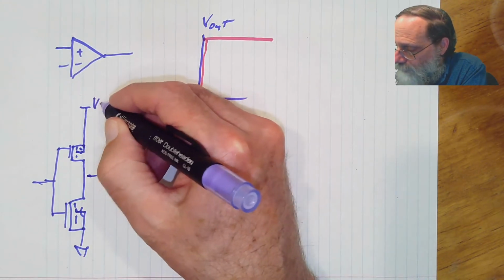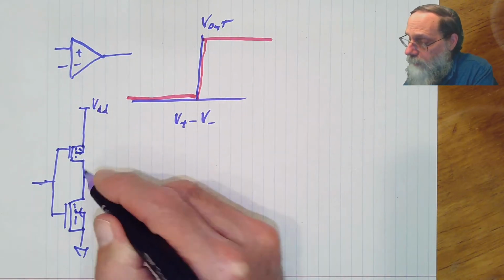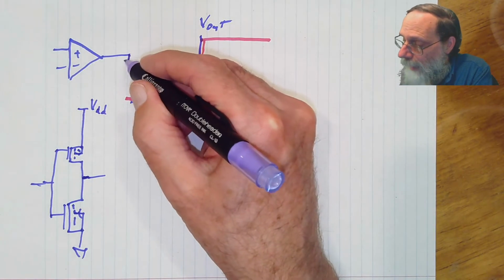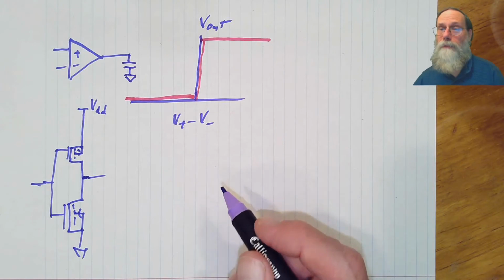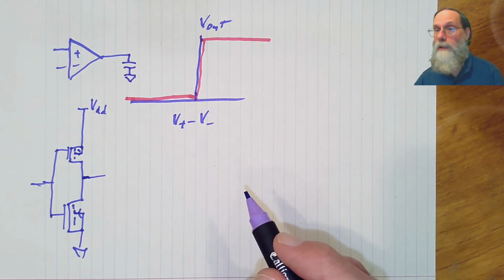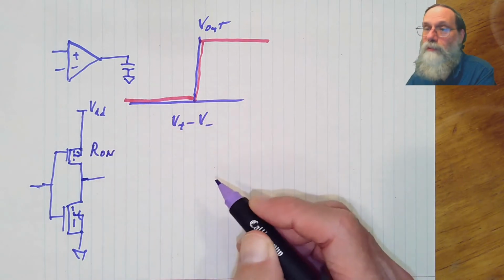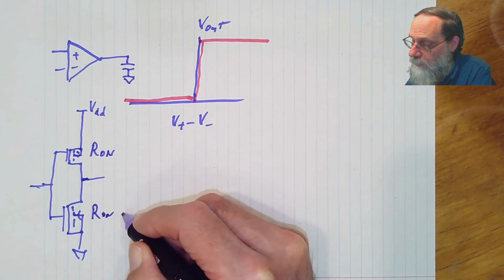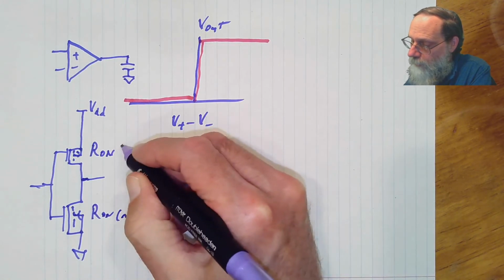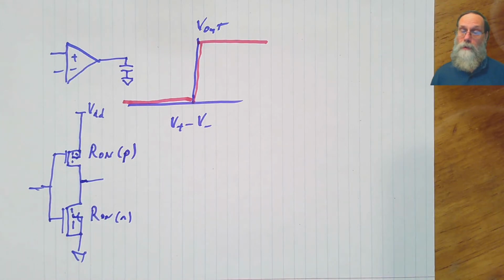And this power supply is usually labeled VDD. If we're driving a capacitive load at the output, and that's usually what we have to worry about when considering how fast something makes its transition, then we have to ask how much is the resistance of the P-FET and how much is the resistance of the N-FET. With those on resistances, we could determine the RC time constant.